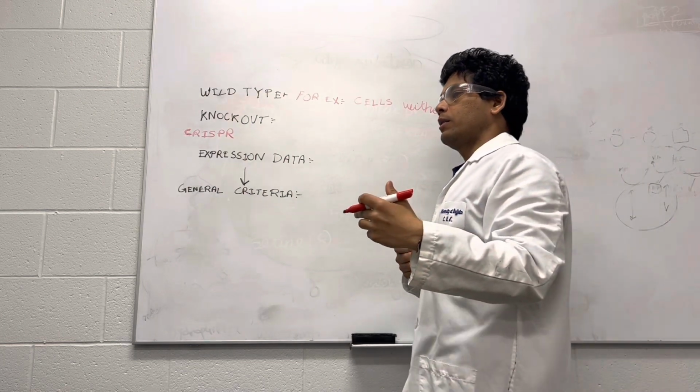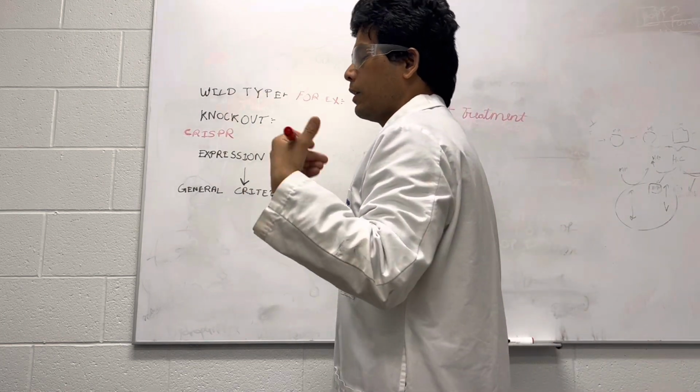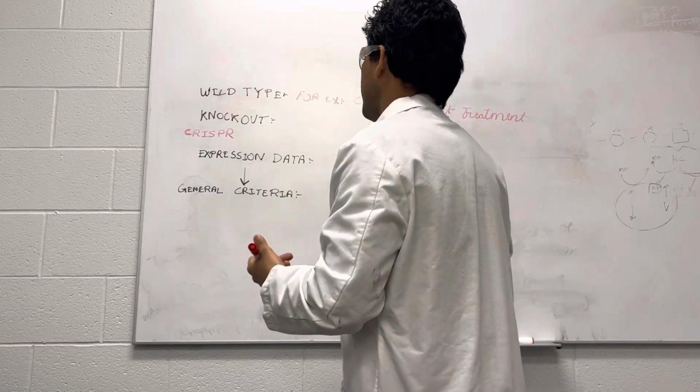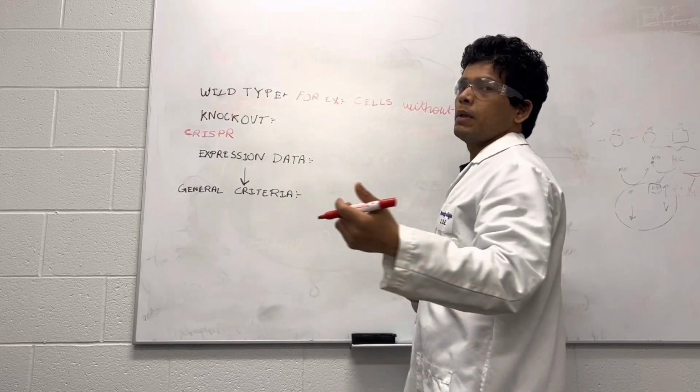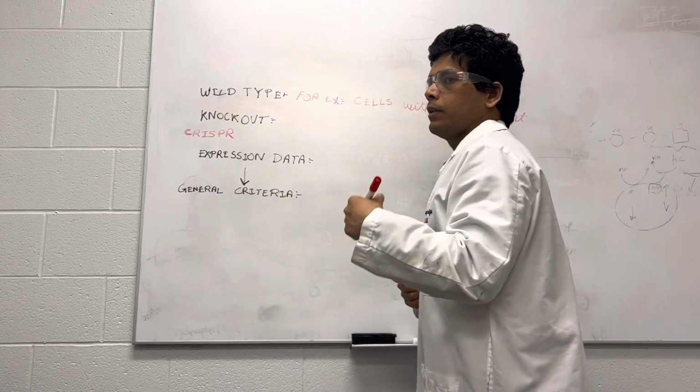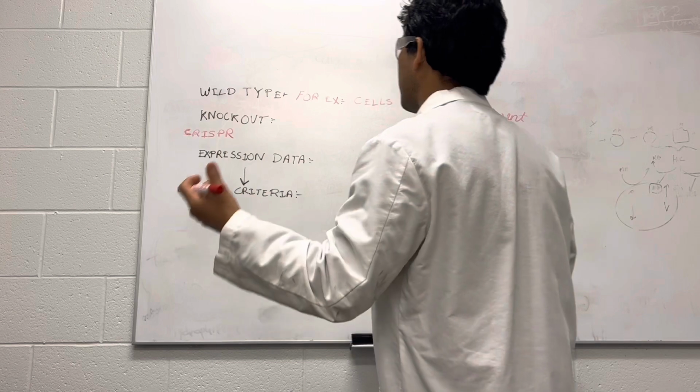Other technologies to knock out genes are too lengthy, and most of the time now people use CRISPR to knock out any gene and then analyze the behavior of the cell.